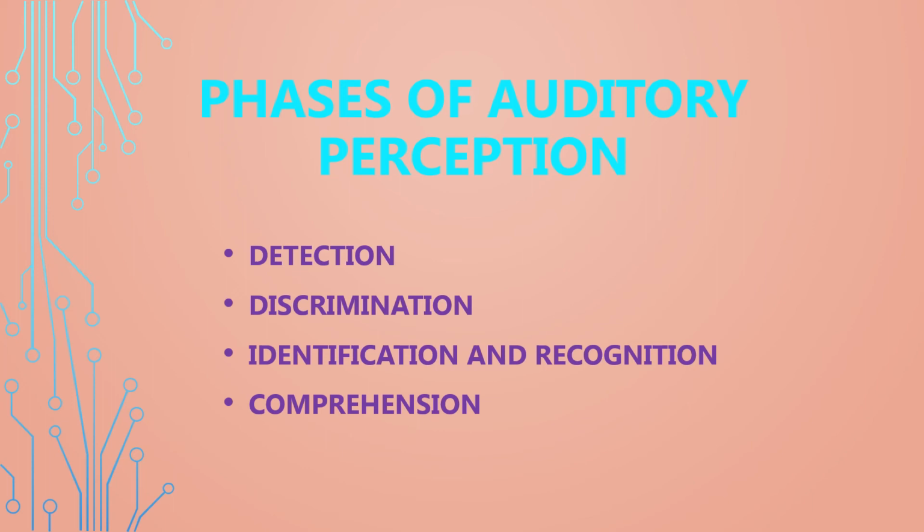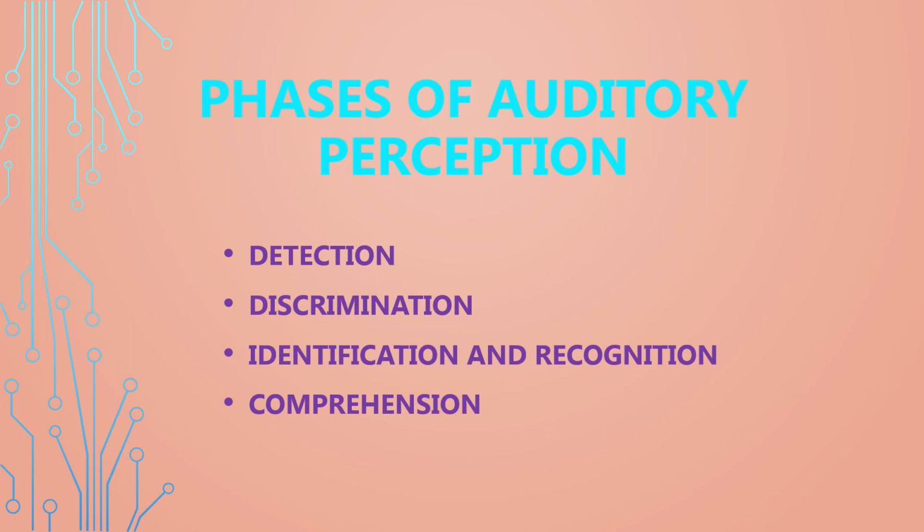First one is detection. It is the most basic part. The auditory stimulus, or the sound wave, must have enough intensity to reach our ears. Then the sound must be within an audible range.